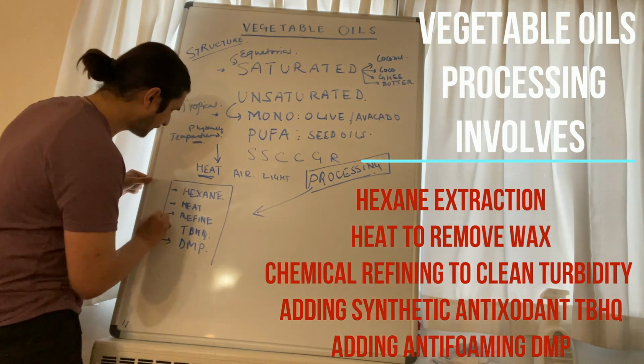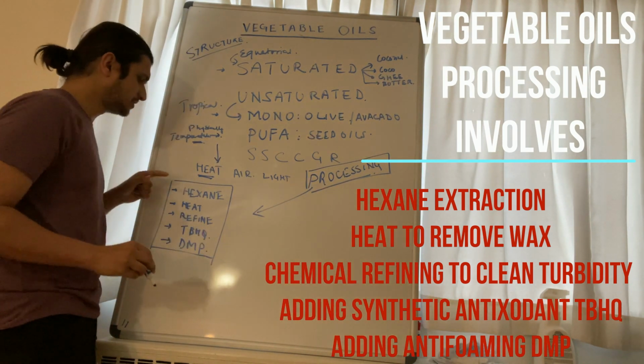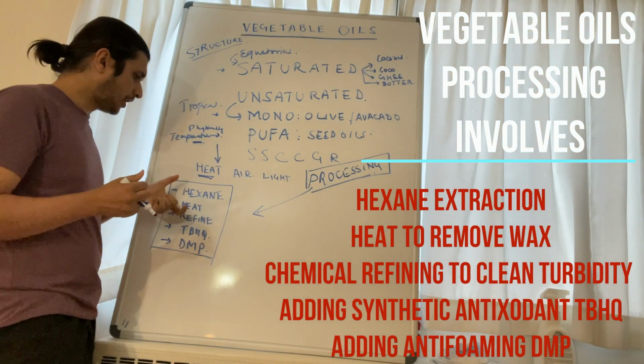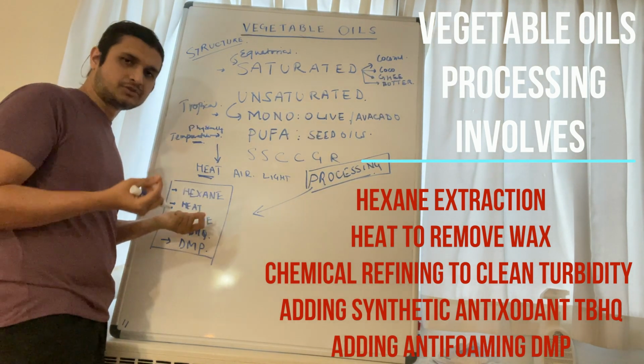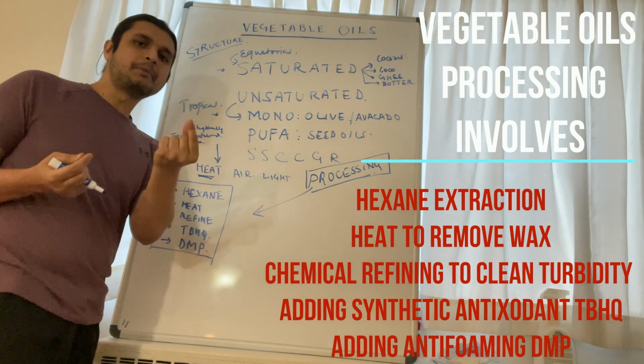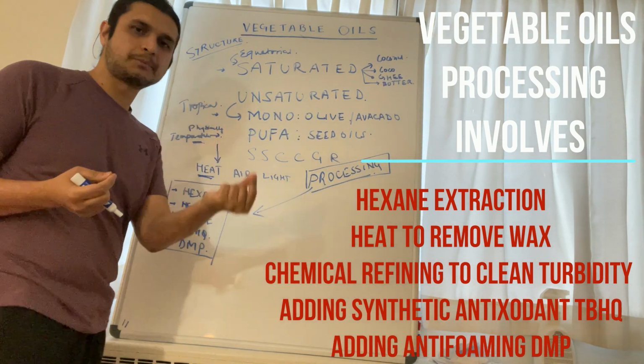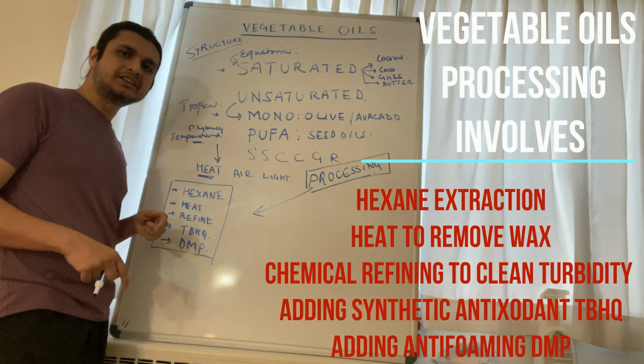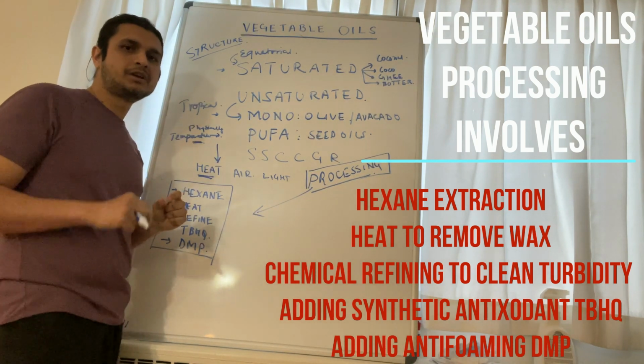Because in processing, you are adding certain elements or removing certain elements from the seed which was not natural. In fact, the seed was meant to sprout and germinate and create a plant. And there you are, you plucked out the seed, did all these chemical changes, and now you're trying to consume it.